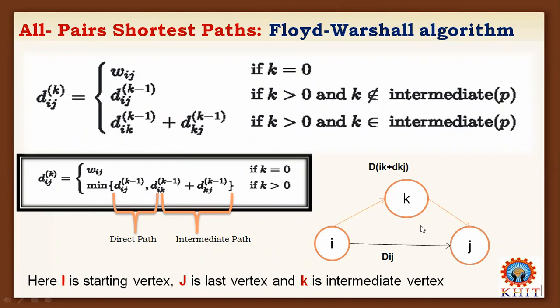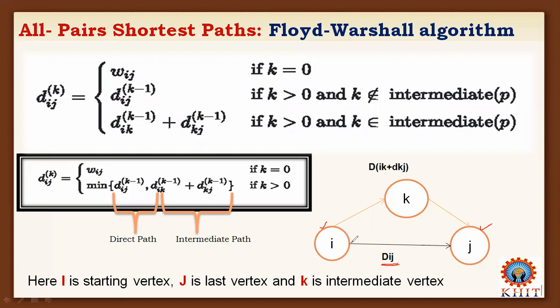If you want to calculate the distance from one vertex I to another vertex J, D of Ij will represent the distance from I to J. The distance from vertex I to J clearly is represented by D of Ij.